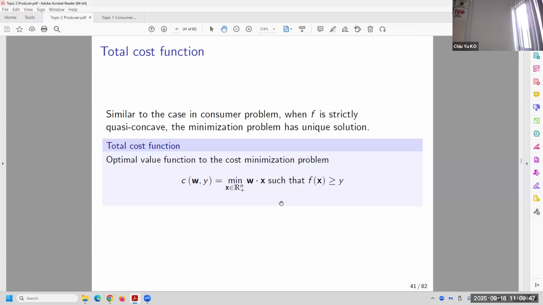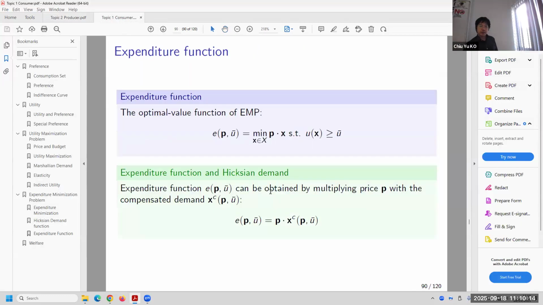And the reason why we want to study this is to show you that when you make the assumption on this guy, actually you're making an assumption on this guy, right? So it's better to make an assumption on this guy rather than this guy. So that is the reason. And this is nothing but just the exponential function. If you remember our consumer, just to go back in case you forget, this is just our expenditure function, this guy.